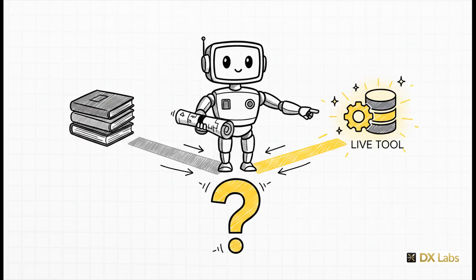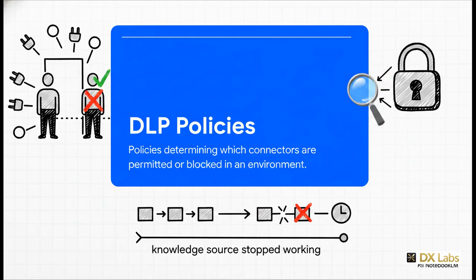But of course, even the smartest dispatcher in the world still has to follow corporate rules. Data loss prevention, or DLP policies, act a lot like the bouncers at the door of your IT infrastructure. These governance frameworks determine exactly which connectors are permitted or blocked in your environment. If a specific connector is blocked by your environment's DLP policies, it simply won't appear as an option for you to build with in Copilot Studio.